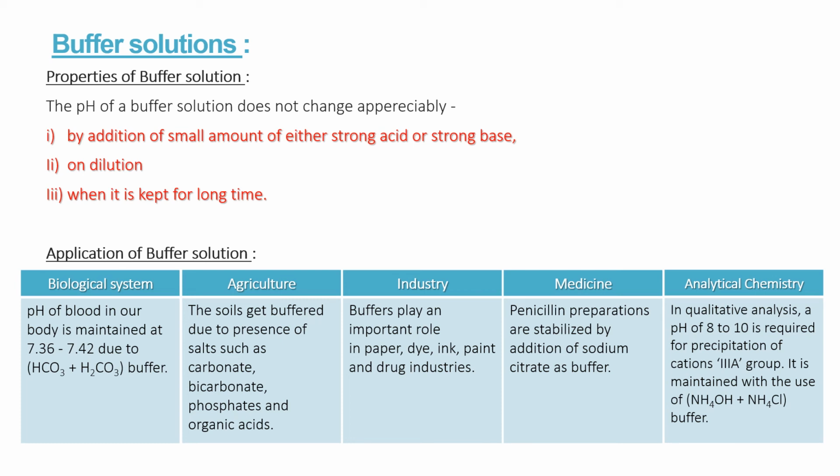In qualitative analysis, a pH of 8 to 10 is required for precipitation of what? Cation third A group. Okay, and it is maintained with the use of NH4OH and NH4Cl buffer solutions.